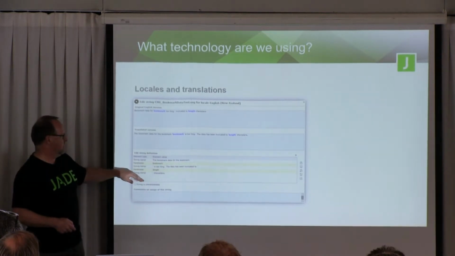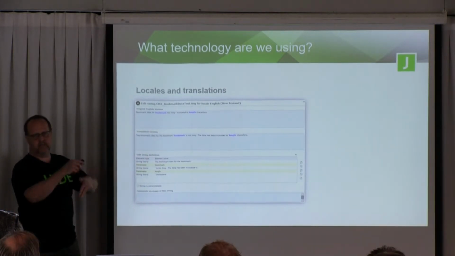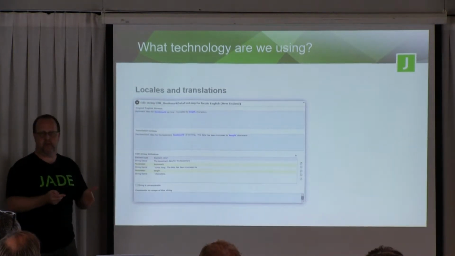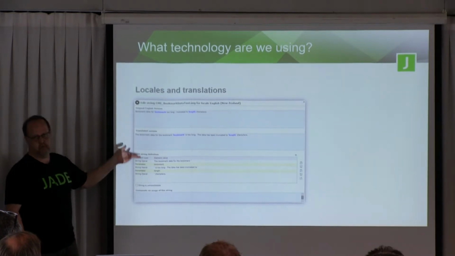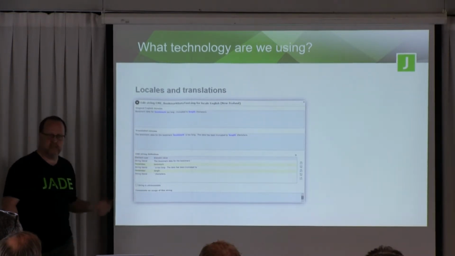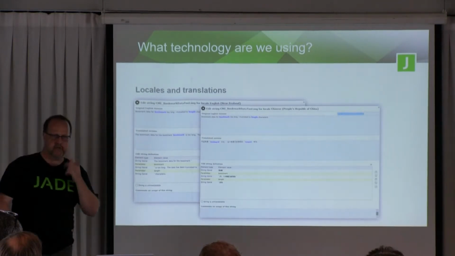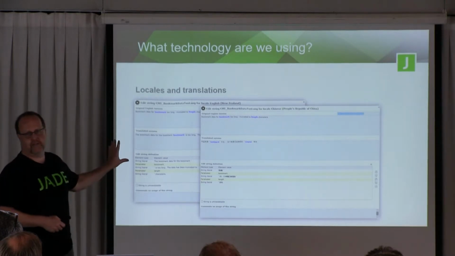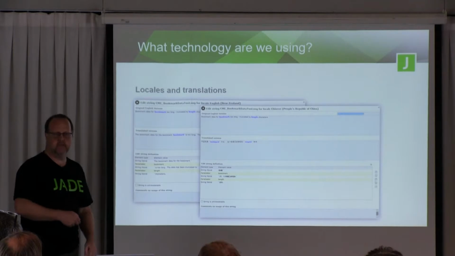So we present that in a table where the parameterized ones are yellow, and they can alter where they come in the text so that they can make it grammatically correct, and they can translate all the other text around it. And in this example, the person didn't like the way the sentence was written, so they rewrote it still in English, but it could be translated into Chinese. And I've been assured that that doesn't say anything rude. It was translated by one of the members of our team who's a native Chinese speaker.